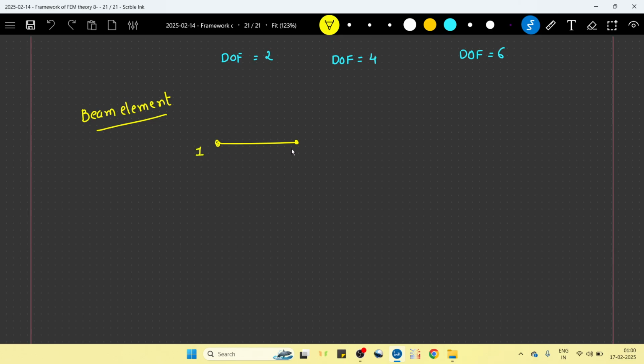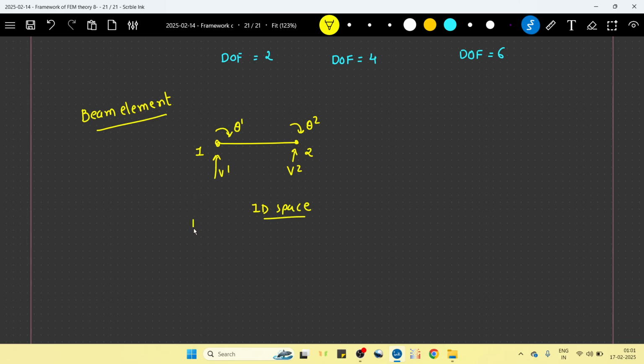So node number 1 and 2 degrees of freedom are vertical displacement, so we say v1 and v2, and it also has rotation degrees of freedom, theta 1 and theta 2. So this is in 1D space, where the degree of freedom is equal to 4, 2 degrees of freedom for each node.